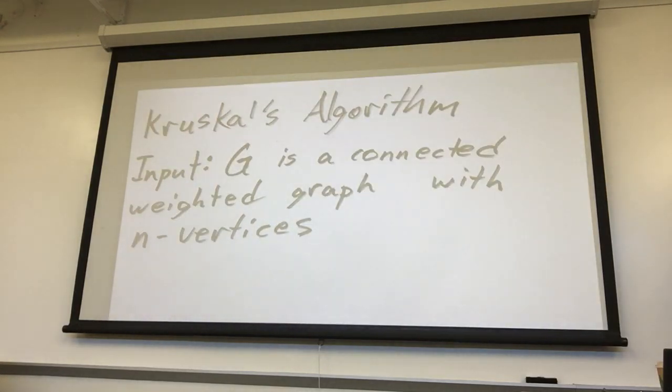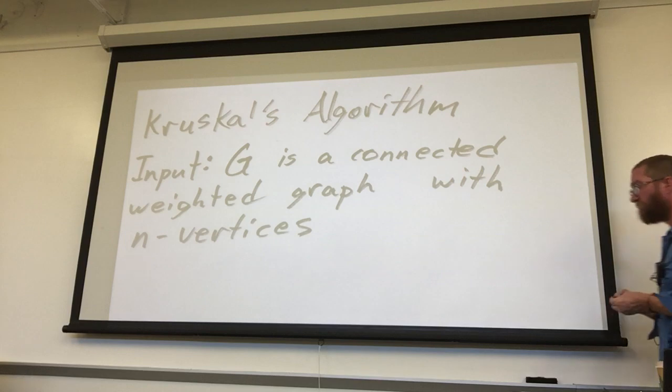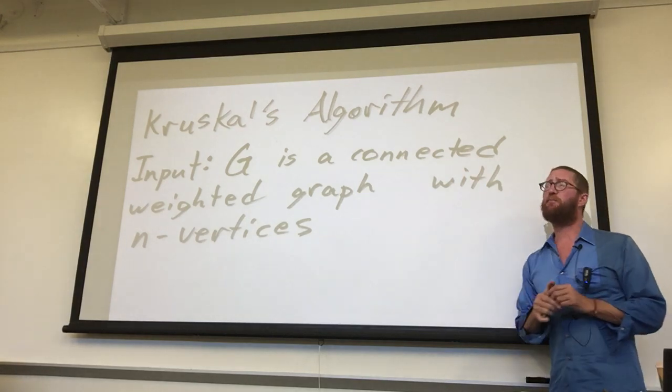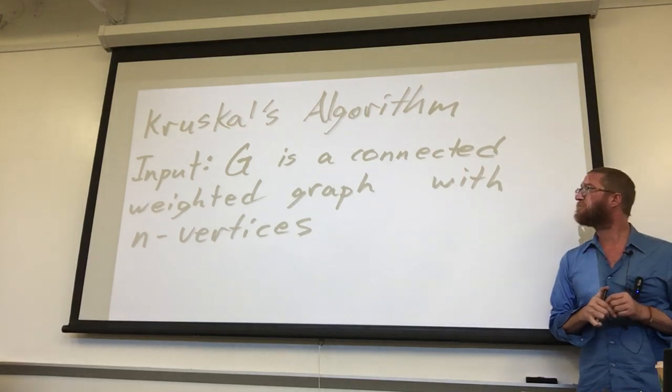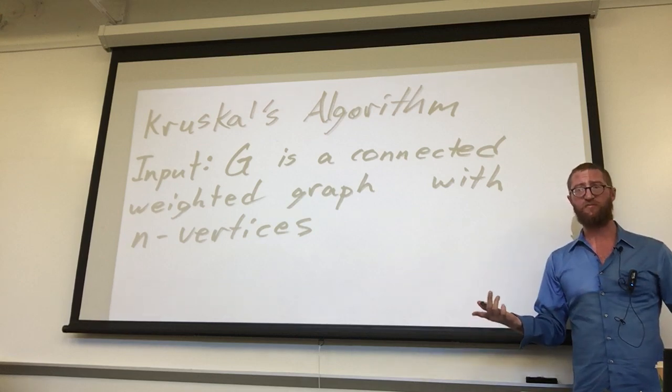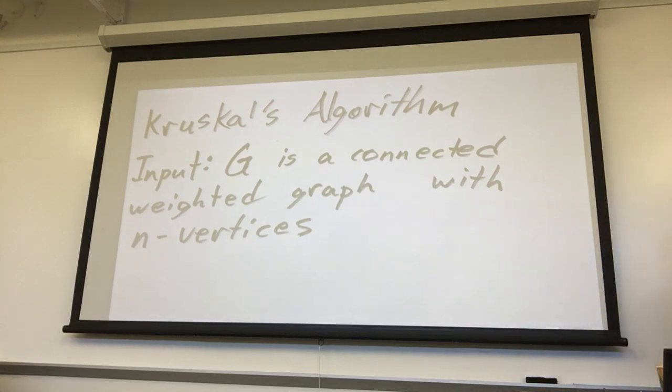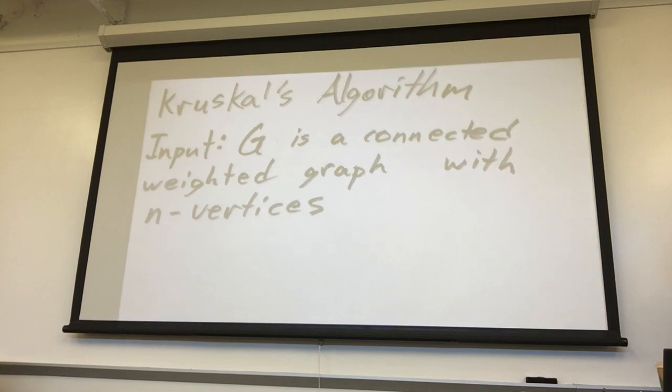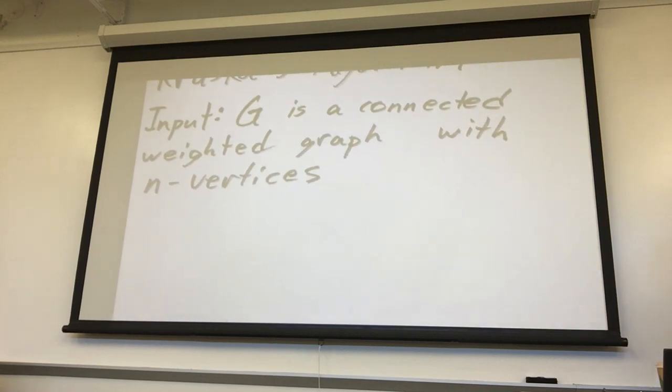So as long as we start out with a connected weighted graph, we're going to try to find the minimal spanning tree of this graph, but you have to have an input first. If I'm given a weighted graph within vertices, that's the input of the problem.